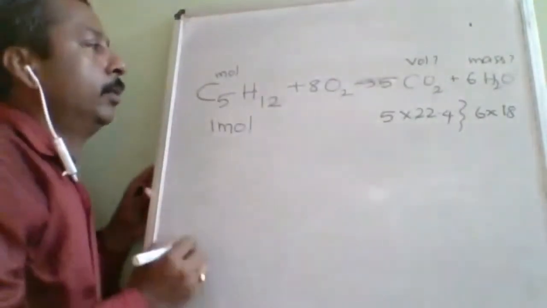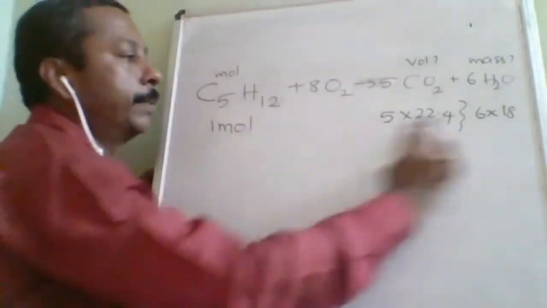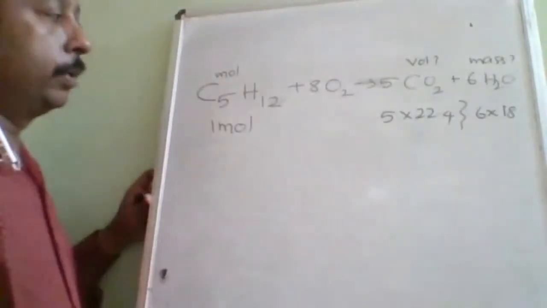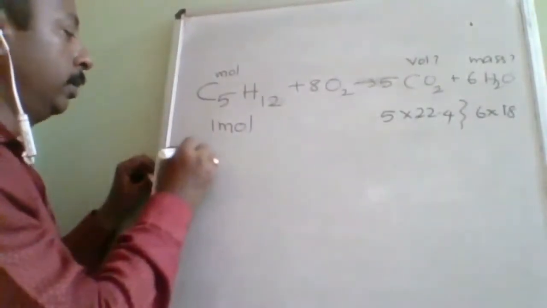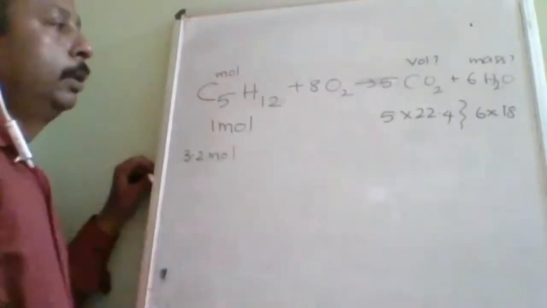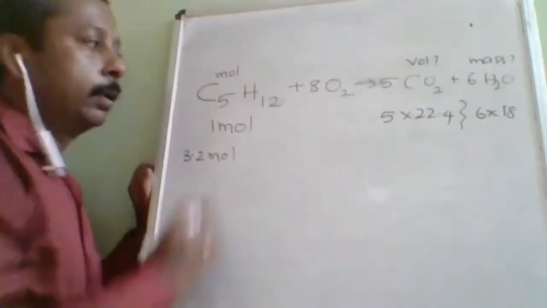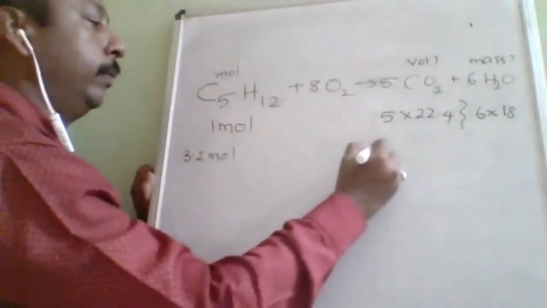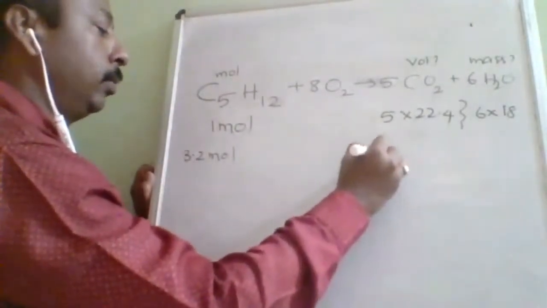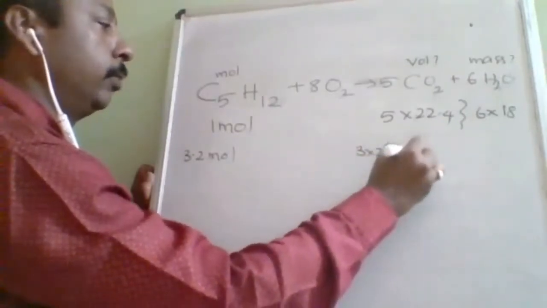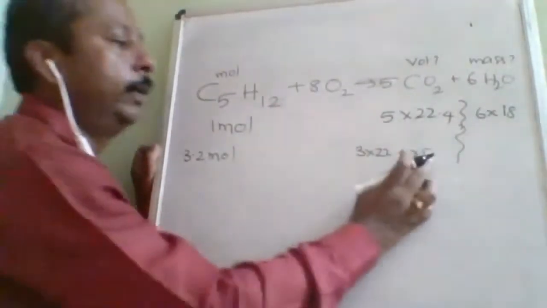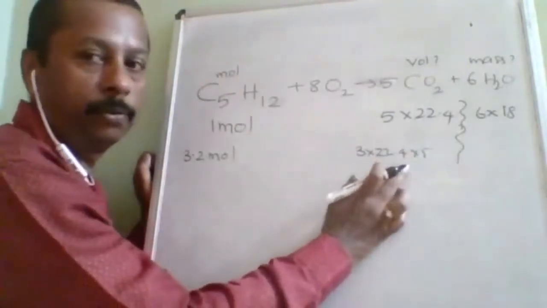Now, this is as per the stoichiometry of the equation. But in our question, what is given? 3.2 mole. So now just a unitary method. If 1 mole gives this many liter, 3.2 mole will give you, simply 3.2 into 22.4 into 5. The answer here is in liters.